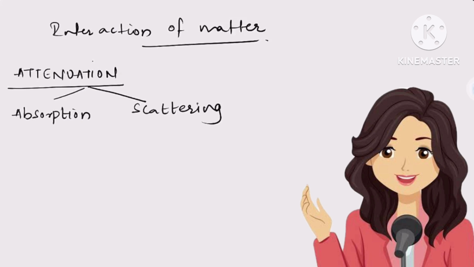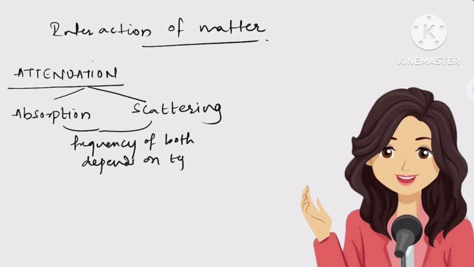The frequency of both depends on the type of tissue, hard or soft tissues. For example, bone is most likely to absorb all the photons.